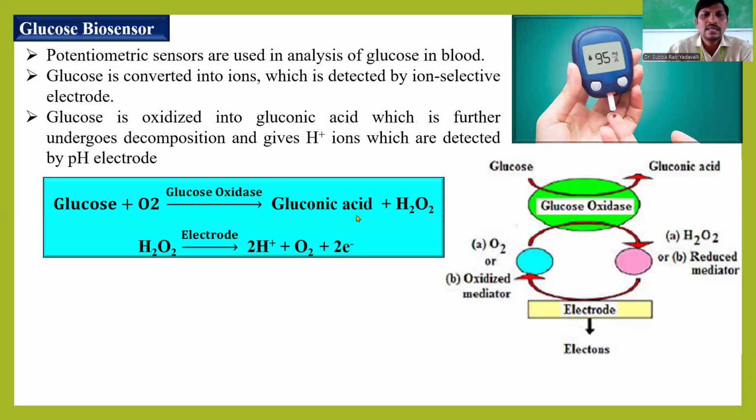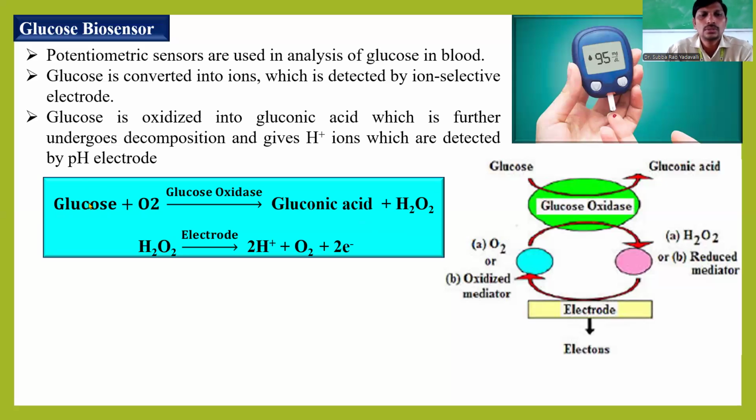And these are the chemical reactions involved during the detection of ions. So initially this glucose is mixed with the atmospheric oxygen in the presence of glucose oxidase. The process is called the oxidation process.